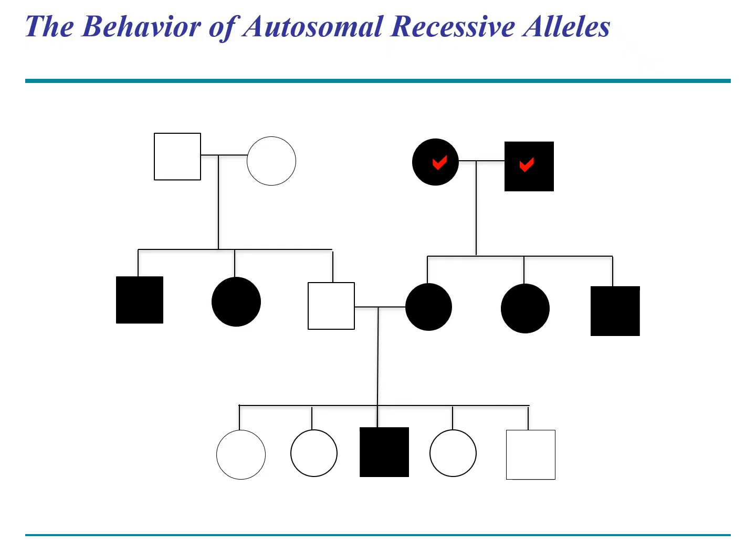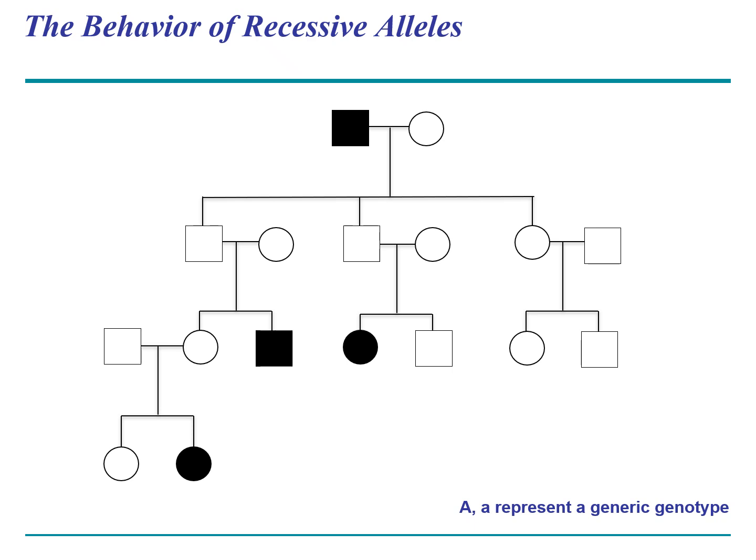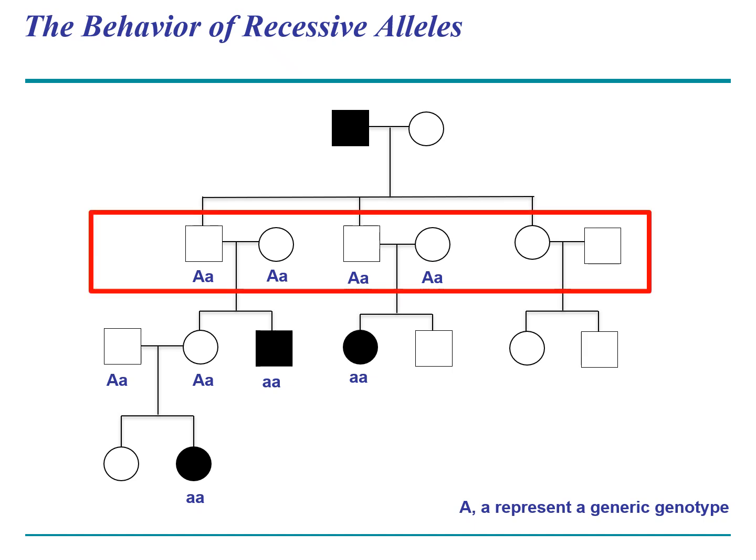Third, if both parents express the trait, then all their offspring should also express the trait. Fourth, if the offspring express the trait but their parents do not, then both parents must be heterozygous. And finally, the trait can skip generations.